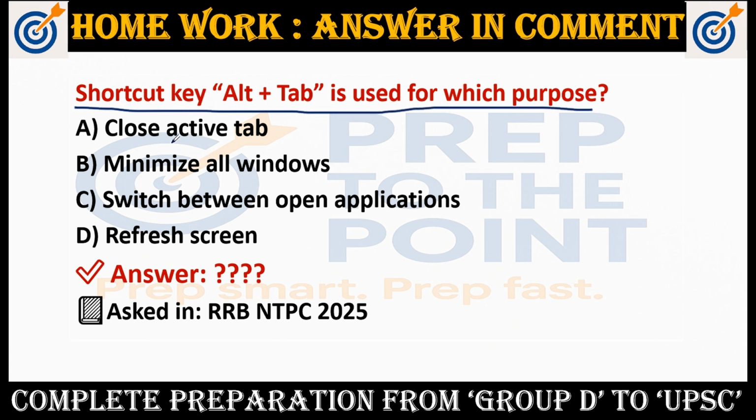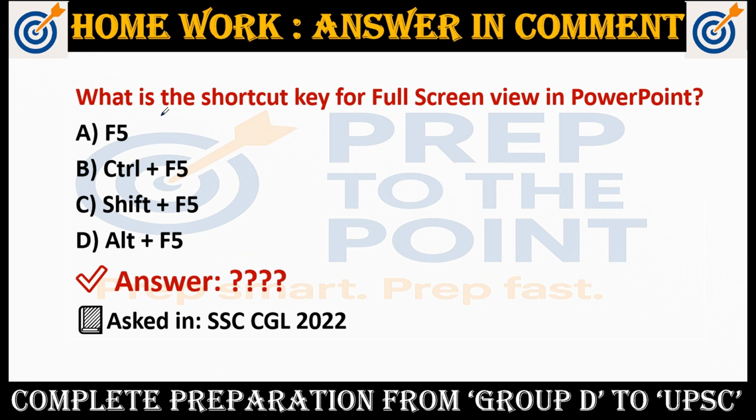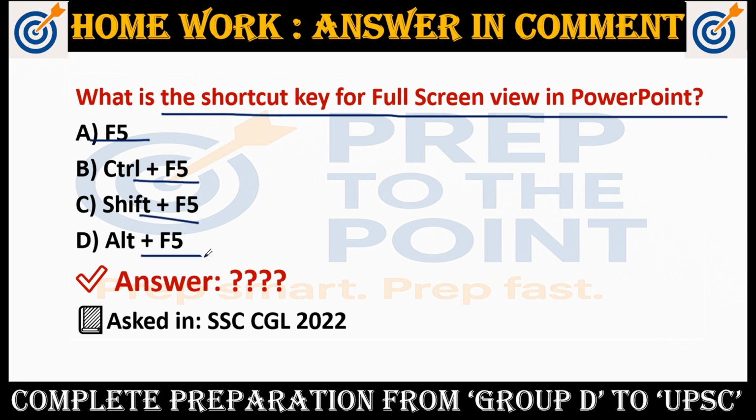Is it close active tab, minimize all windows, switch between open applications or refresh screen? RRB NTPC 2025. Second question: what is the shortcut key for full screen view in PowerPoint? F5, Control F5, Shift F5 or Alt F5? Asked in SSC CGL 2022.